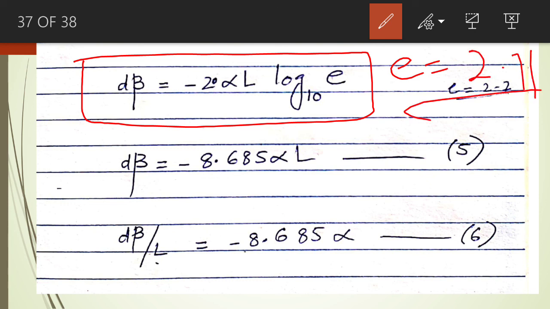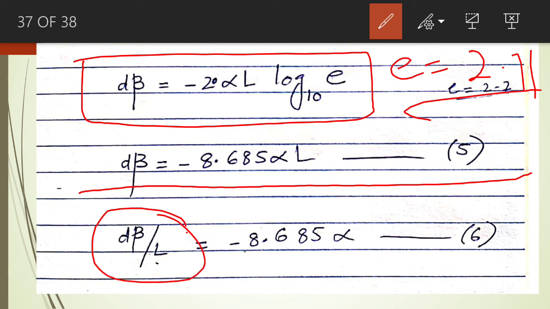If I put the value of E and calculate the log, I get the decibel value of this loss in equation number 5, which is minus 8.685 alpha L. And definitely dB by L will be equal to minus 8.685 alpha. This is equation number 6.